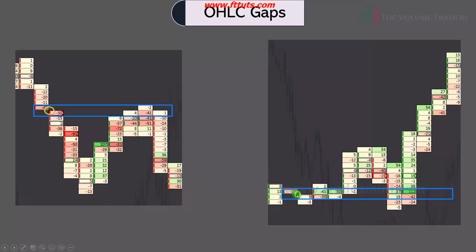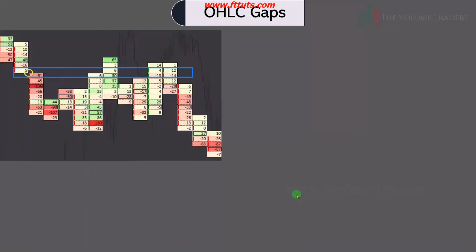There are not a lot of candles before Frankfurt and London like this, so it's really easy to spot them. If I'm not sure on my candlestick chart whether this is an OHLC gap, then I go to the footprint to confirm if the candles are really touching this way.